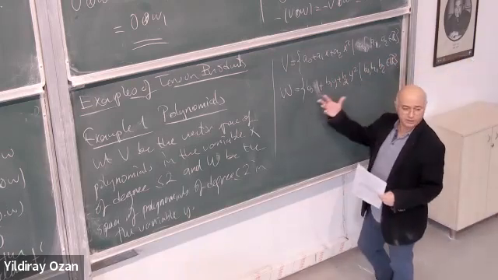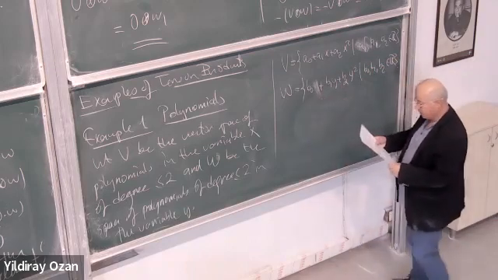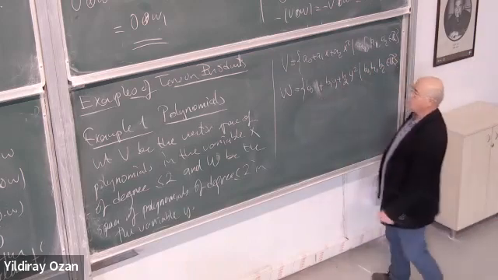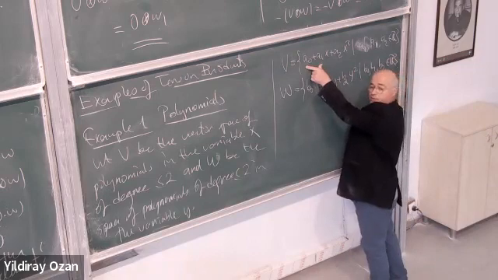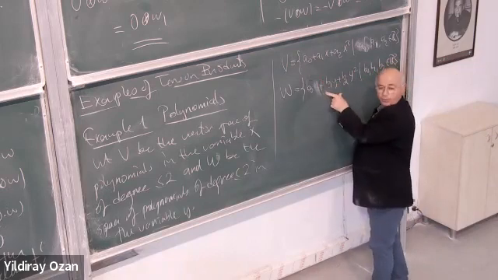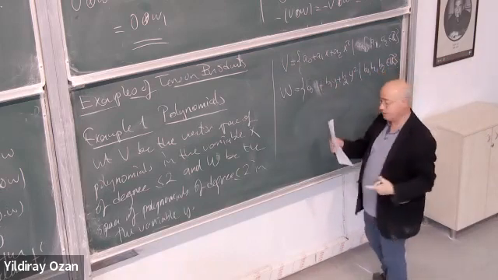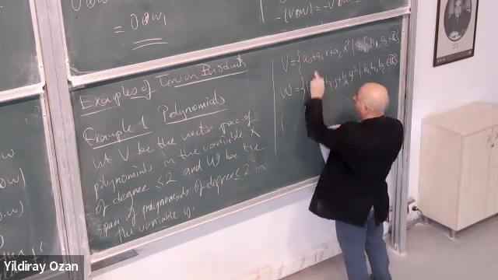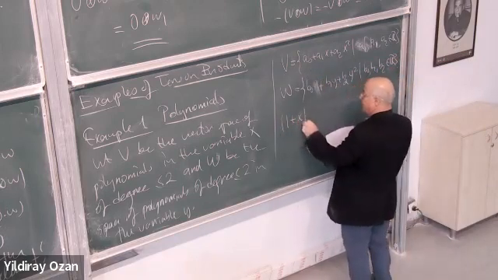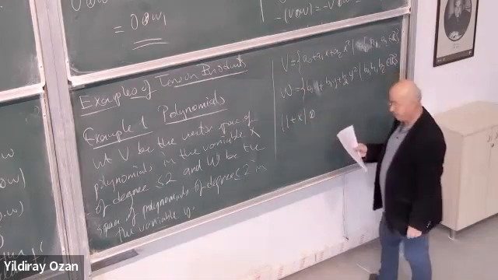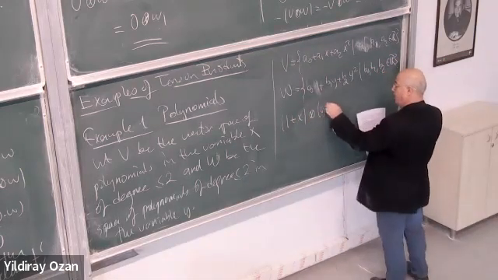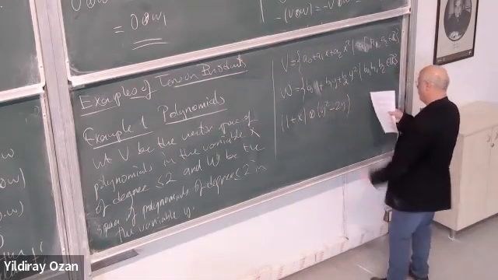We may consider the tensor product of these objects. So I take an element from here, take an element from here, and then write it down as a tensor product. For example, an element from this, 1 plus x tensor y squared minus 2y.